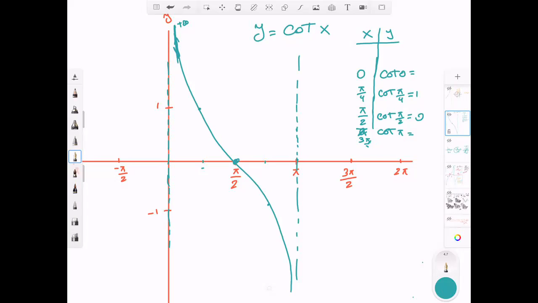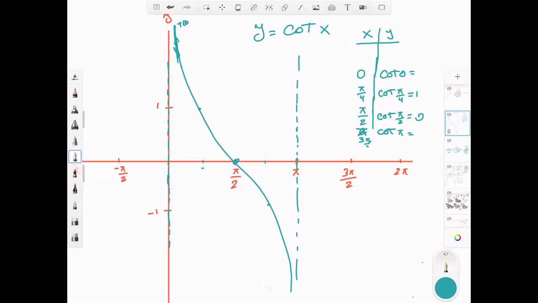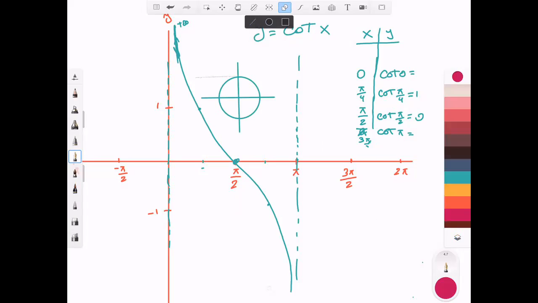This is not the sun. This is a unit circle. X and Y. We learned this is the line of cotangent. So if it's 0, look, these two are parallel. They don't touch. That's why it's infinity or doesn't exist.